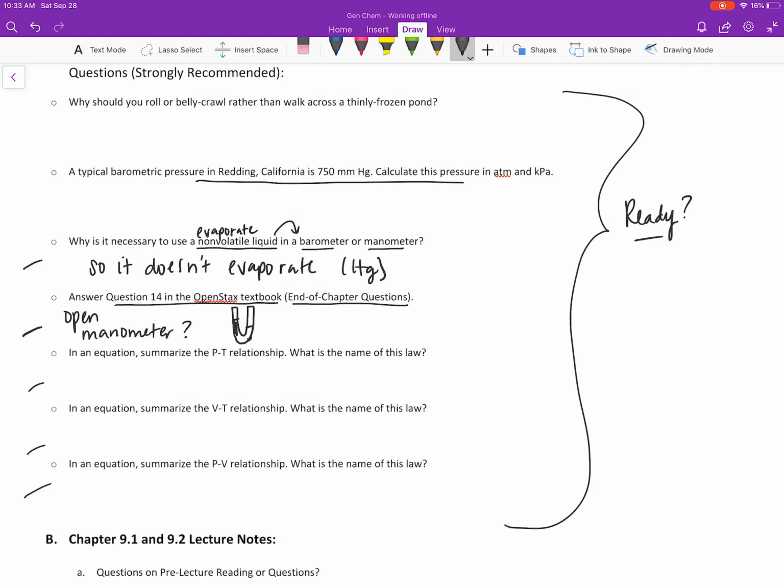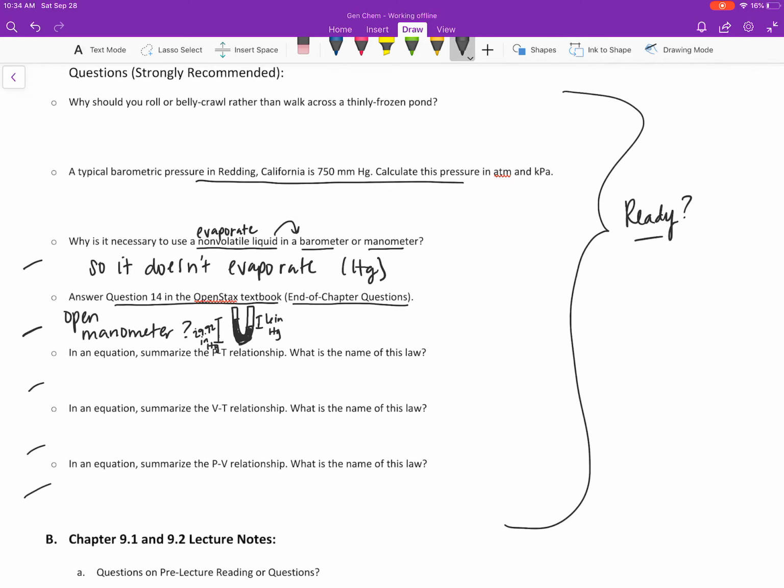You have a manometer, something like this, that's filled with a liquid. And it tells you the height over here and the difference over here. So the total height is 29.92 inches of mercury, and the difference over here is 6 inches of mercury.